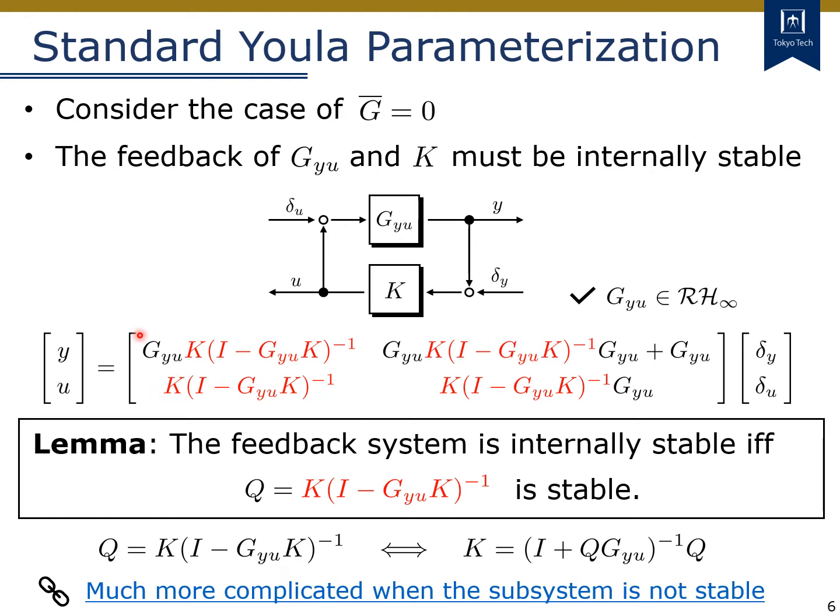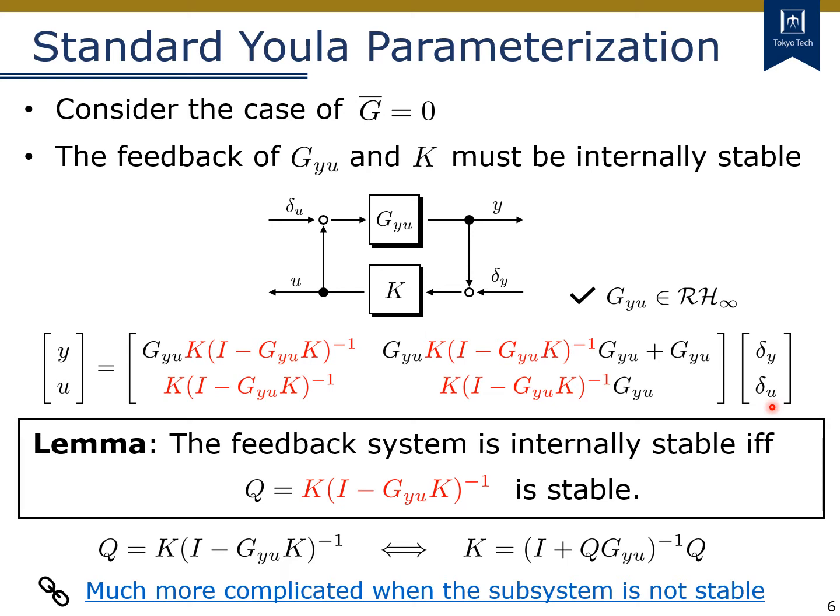Then, we can easily see the following fact. This feedback system is internally stable if and only if this red system is stable. In fact, if this red system is stable, then the 4 blocks here are all stable because GYU is now assumed to be stable.